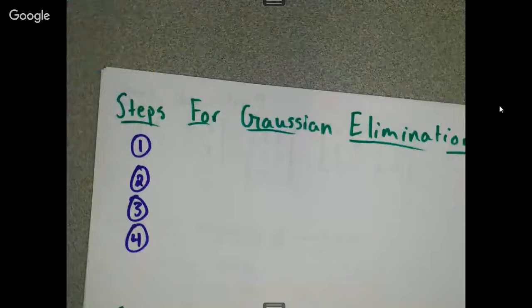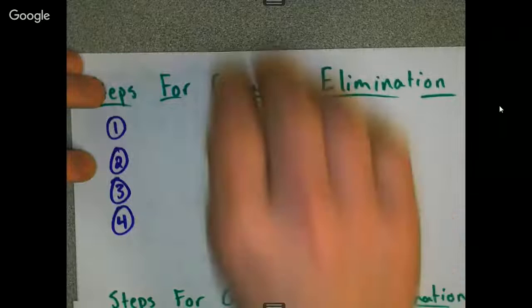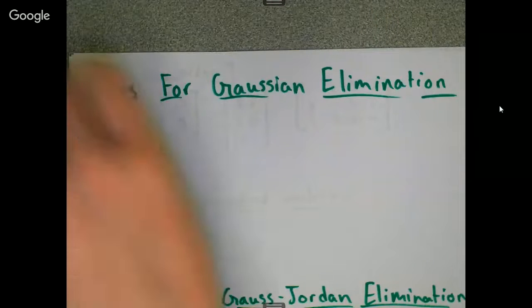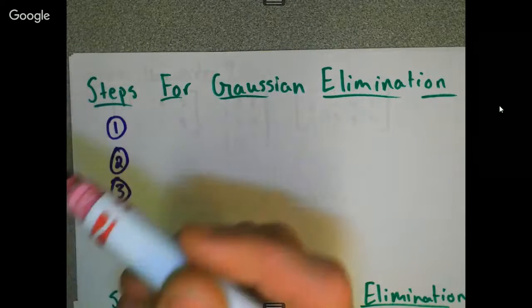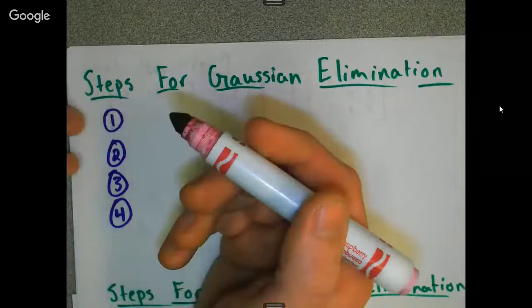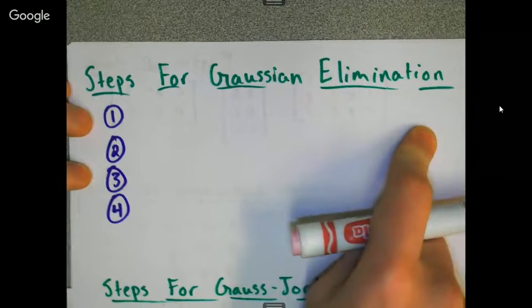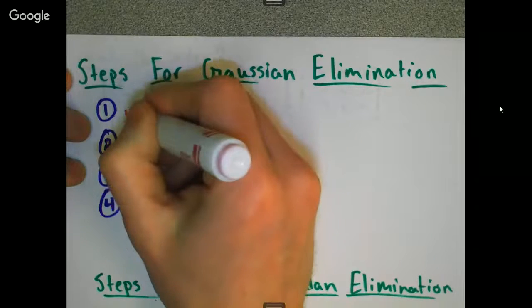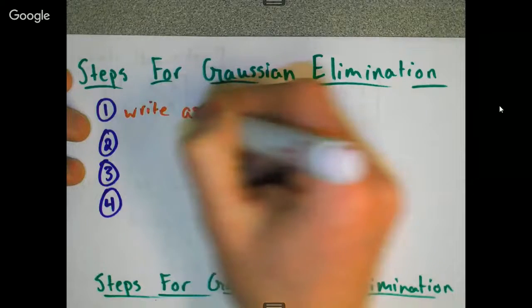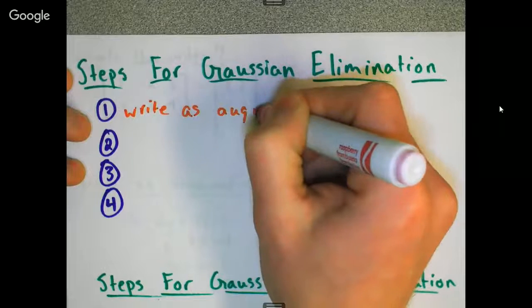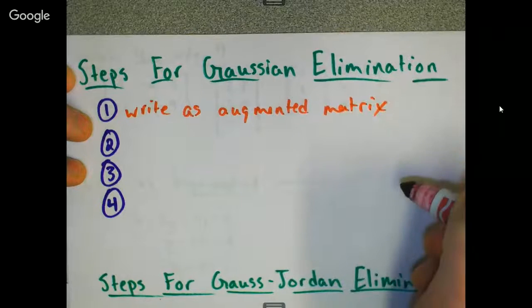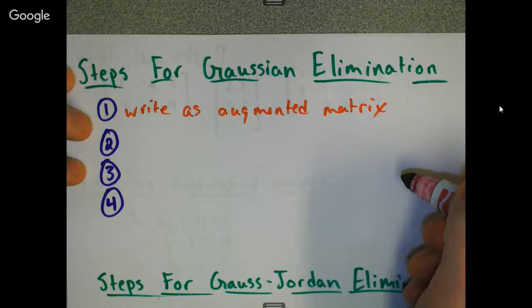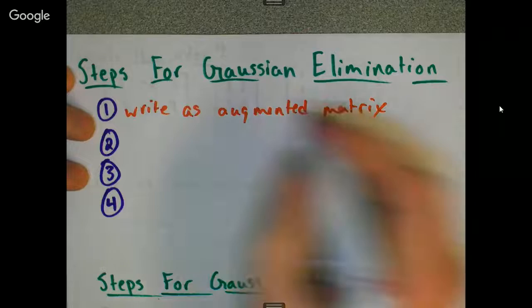And so these augmented matrices, the way we're going to use them, it'll just be a fancy way of doing elimination. It'll be a nice organized method for us to do the elimination method. So steps for Gaussian elimination. Okay, so we're going to write it as an augmented matrix. We're going to use row operations to get REF.